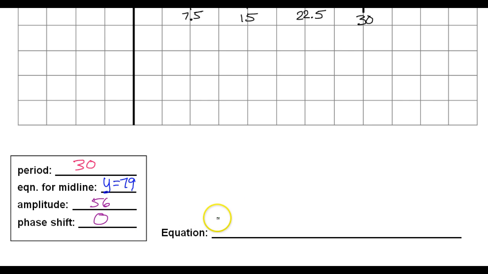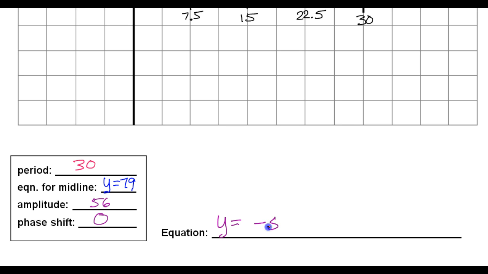Now we have everything we need to go ahead and write this equation. We know that it's going to be an upside down cosine function. So because it's upside down, I'm going to make sure it has a negative in front of it. What's the number that goes right in the front of a function? 56. It's always that amplitude number.